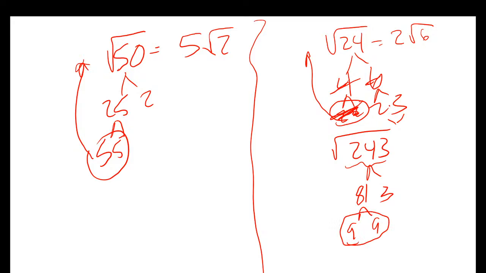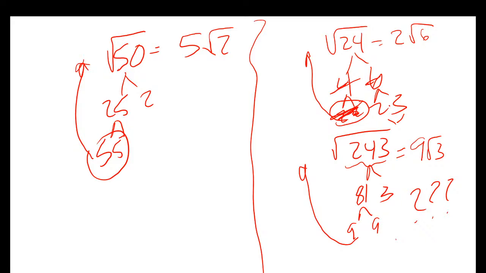Once they're a pair, you can just take the pair out. You don't need to do 3 times 3 and 3 times 3. You're just looking for a pair. The minute you find a pair, you can go ahead and take those out. So 9 square roots of 3. All right. Any questions?